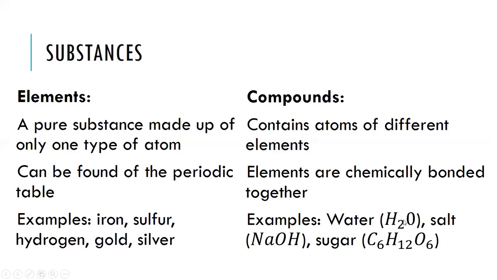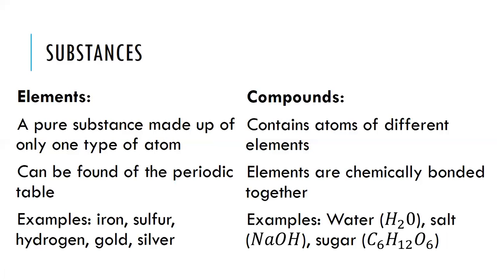It's hydrogen and oxygen, 2 different elements chemically bonded together. Salt is NaOH, sodium, oxygen, and hydrogen, all chemically bonded together. And there are different types of sugar, C6H12O6. The reason I'm bringing that one up is you'll see that a lot next year when you take biology. So those are elements and compounds.